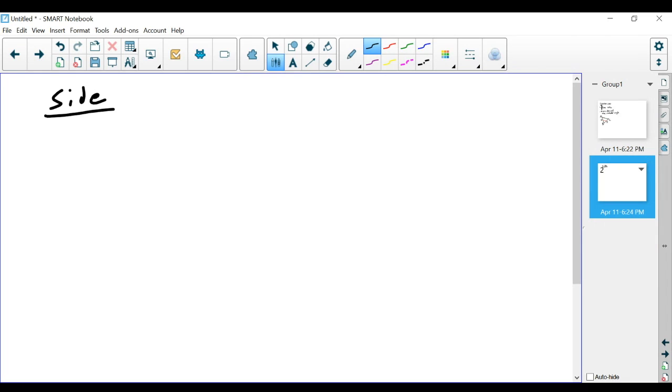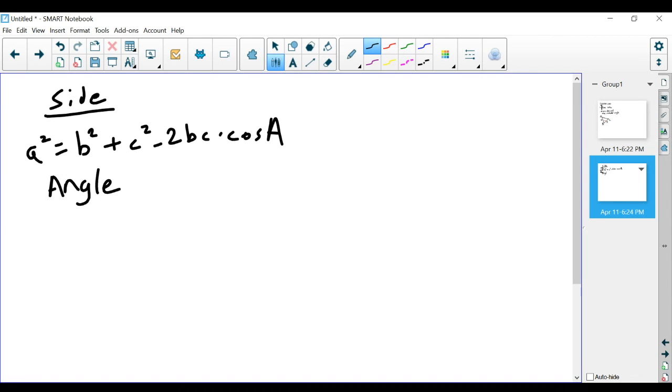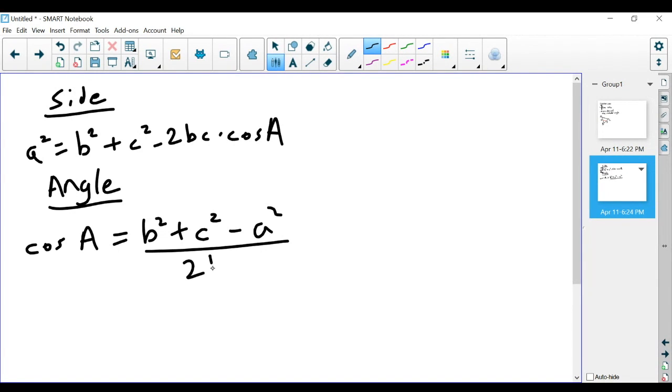So the general format for a side, we have a squared is equal to b squared plus c squared minus 2bc times the cosine of angle A. The general format for an angle using the cosine law is going to be cosine of A is equal to b squared plus c squared minus a squared over 2bc.